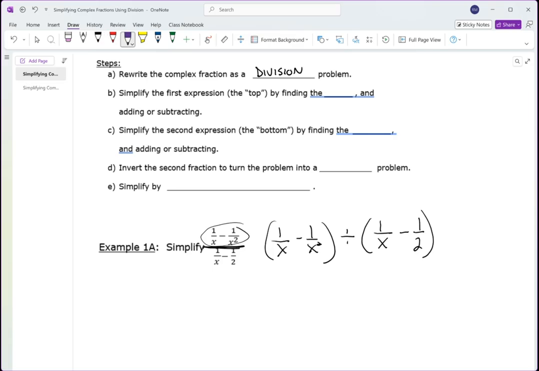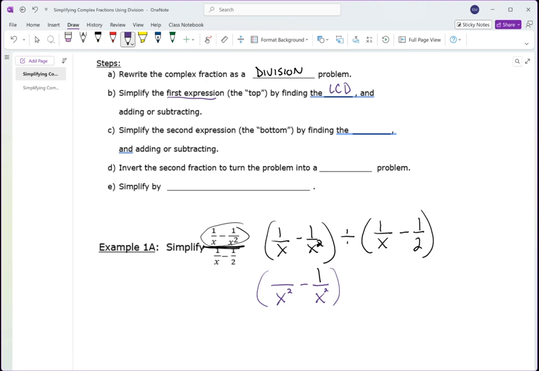Then what we're going to do is we're going to find in the first expression the least common denominator. And if I look here between these two denominators, my least common denominator is going to be x squared. So I'm going to need to rewrite these with x squared in the denominator. Now, if I look at this second one, that is x squared.